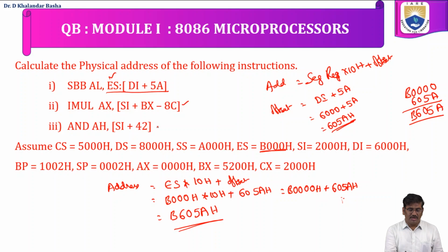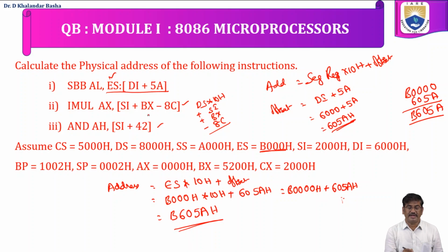We can work out the remaining two cases. In the second instruction, if the segment register is not explicitly mentioned, we consider by default the data segment register multiplied by 10H, to which we add the SI register contents plus BX register contents minus 8C.